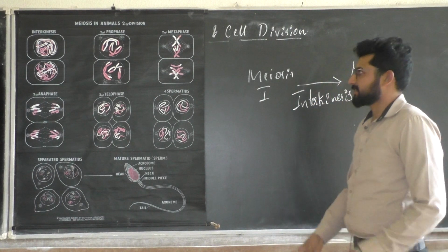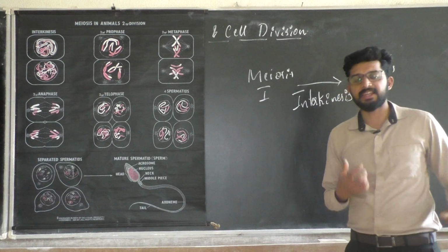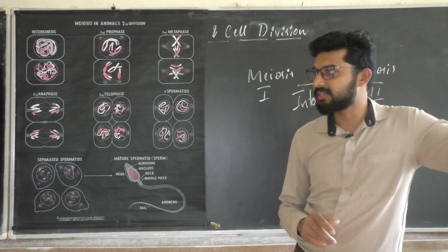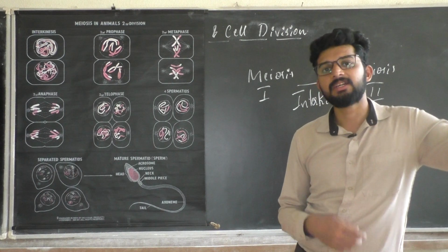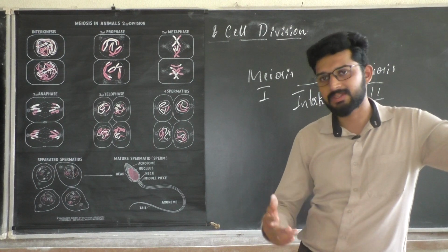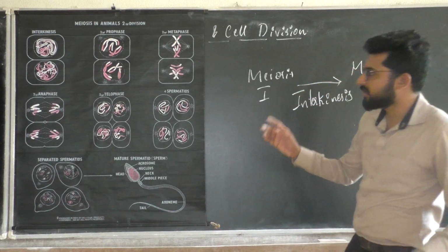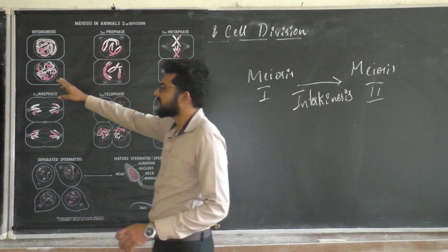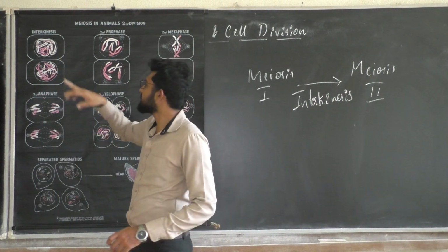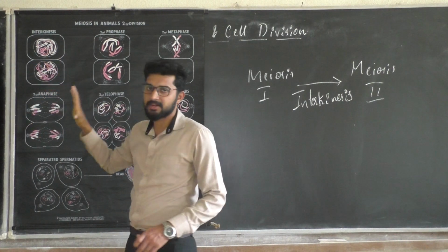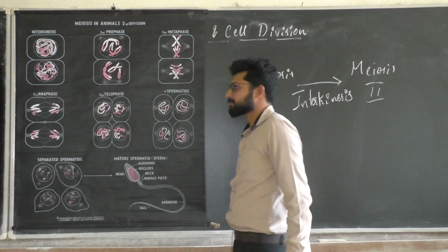In interkinesis the cell is very normal. The cellular components are behaving normally, and you can find chromatin fibers which are loosely aggregated. You have a nuclear envelope protecting your nucleus, and all the components are functioning perfectly.